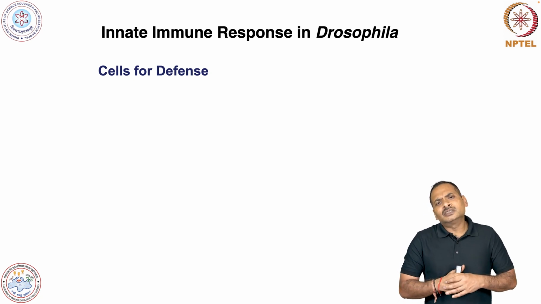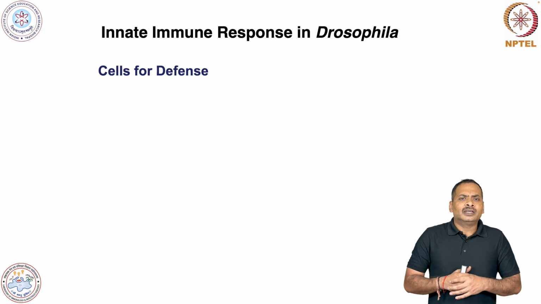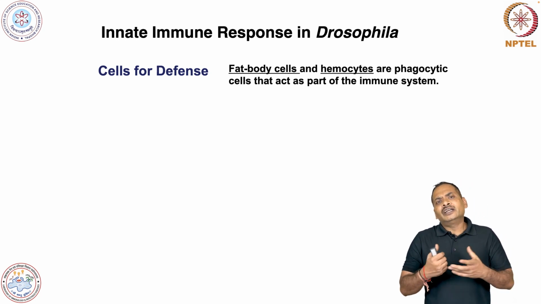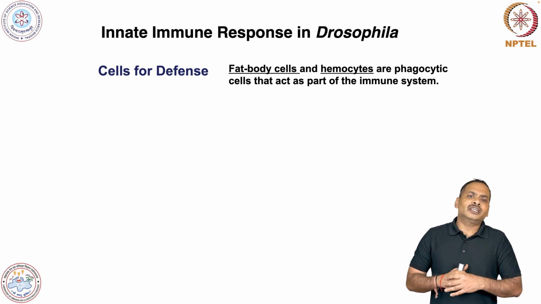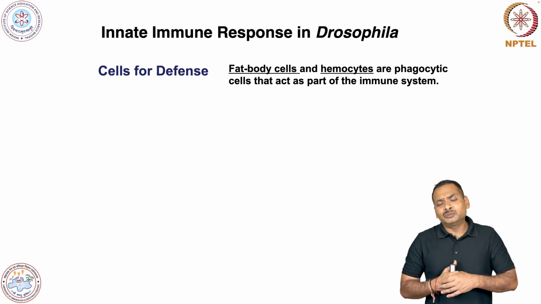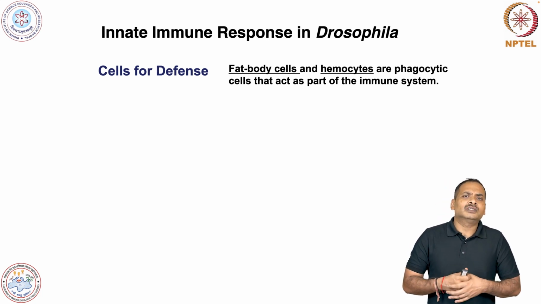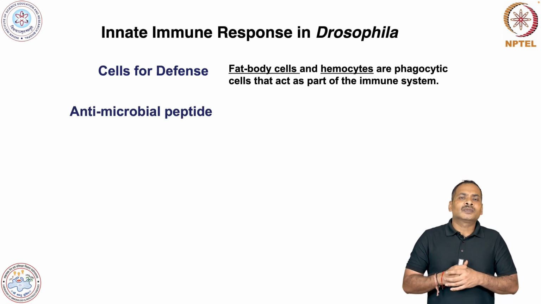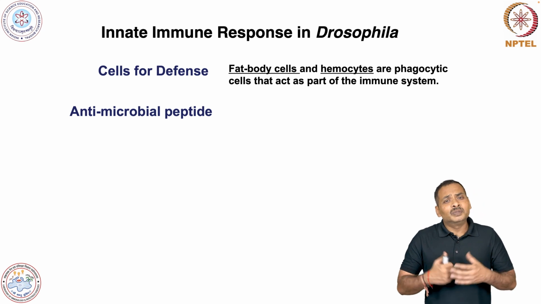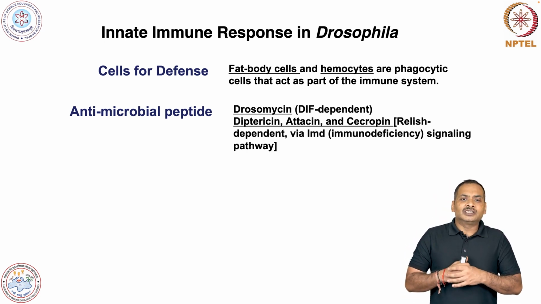Drosophila, or fruit flies, have various cells for defense which are phagocytic in nature. These cells are fat body cells and hemocytes, and they take up the microbial pathogen and develop an appropriate immune response. The appropriate immune response is mediated by antimicrobial peptides.